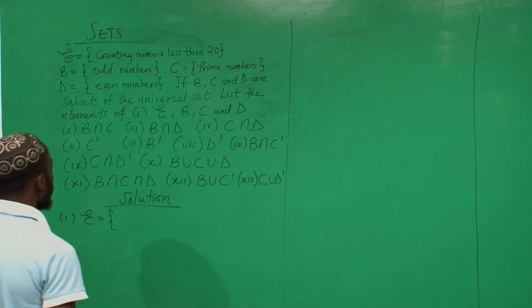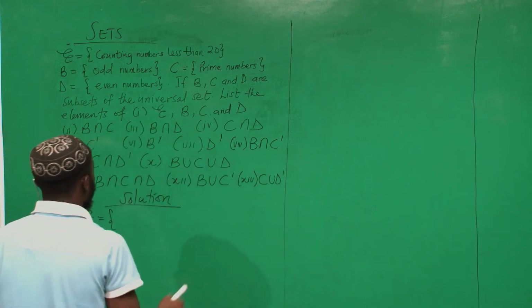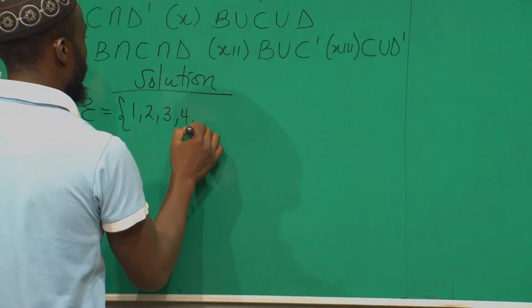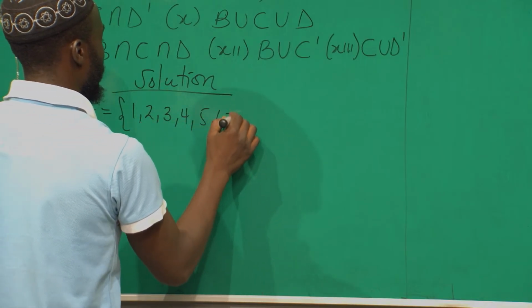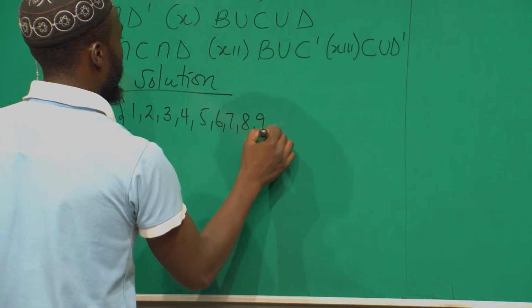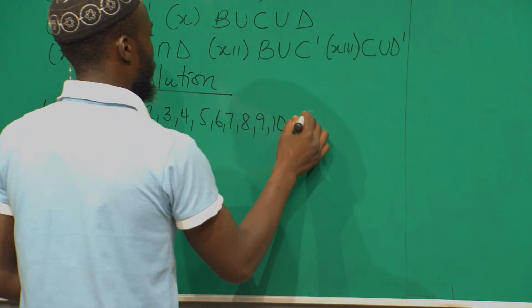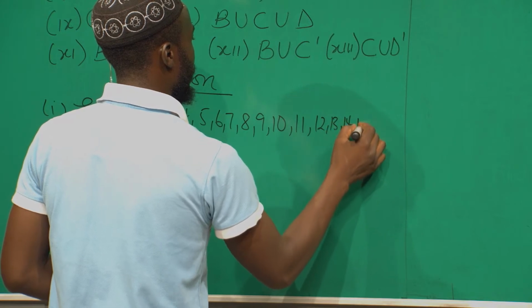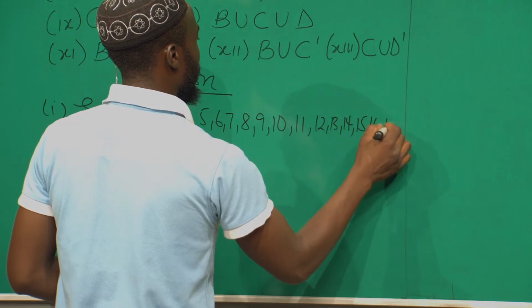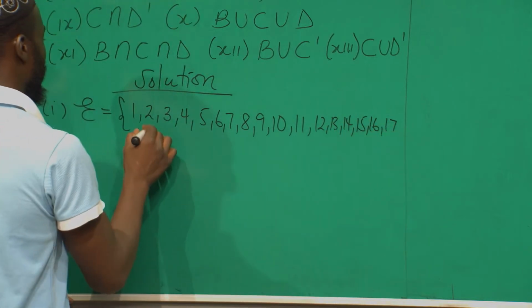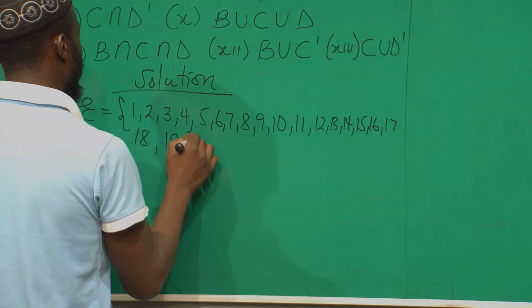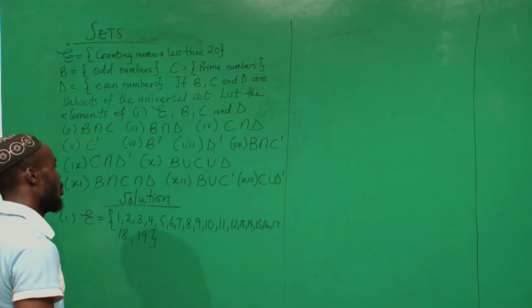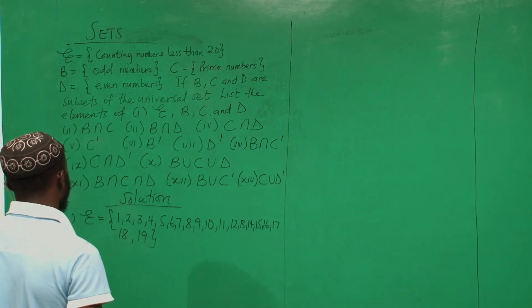So we have 1, 2, 3, 4, 5, 6, 7, 8, 9, 10, 11, 12, 13, 14, 15, 16, 17, 18, 19. We said less than 20, so 20 is not inclusive.